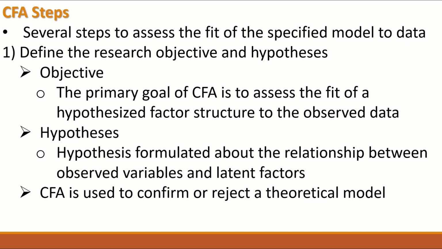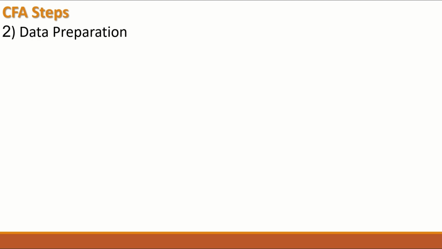And the CFA is then used to confirm or reject the theoretical model proposed by a previous analysis through EFA, which indicates the model can be accepted or rejected based on the outcome of the CFA analysis. The second step is to prepare the data.